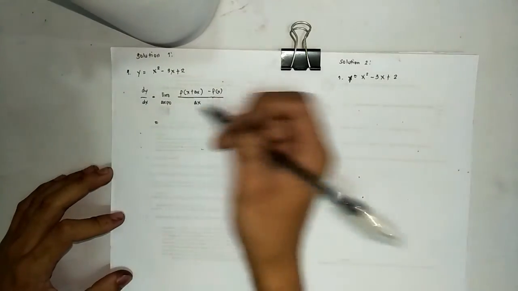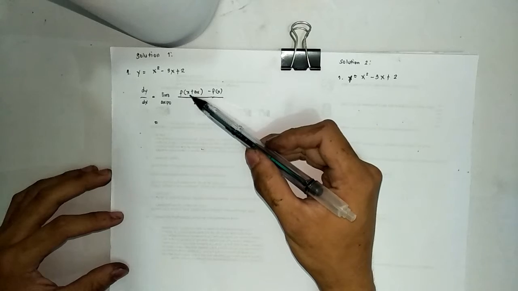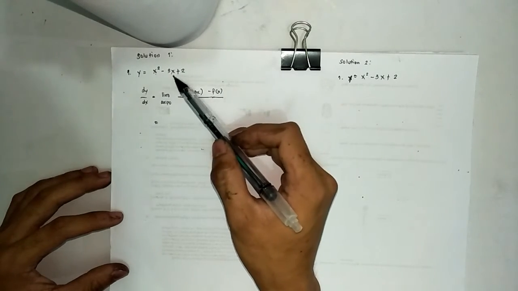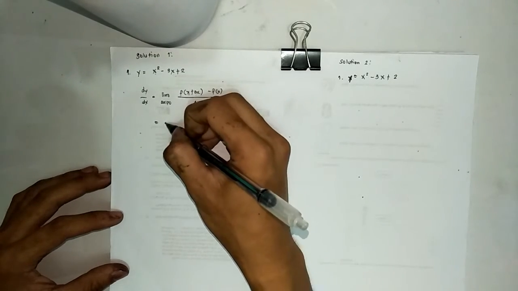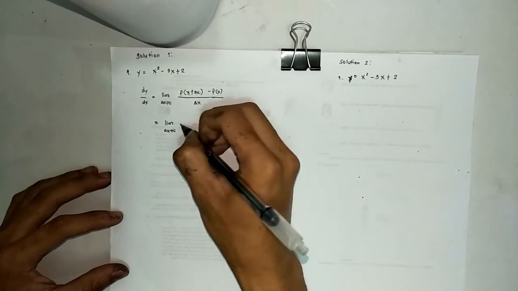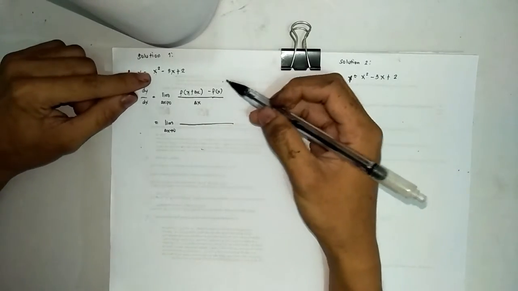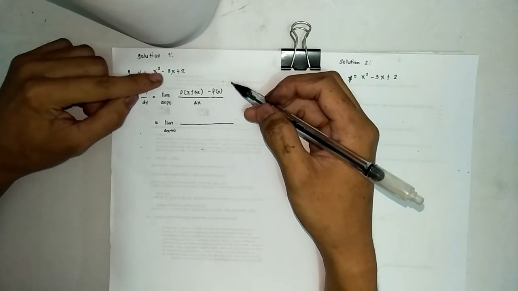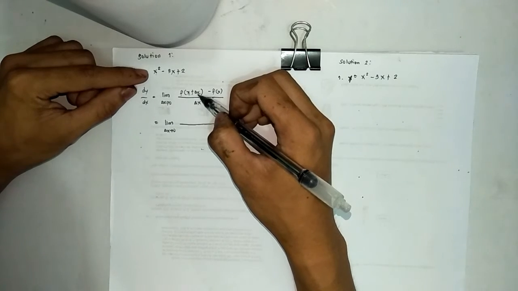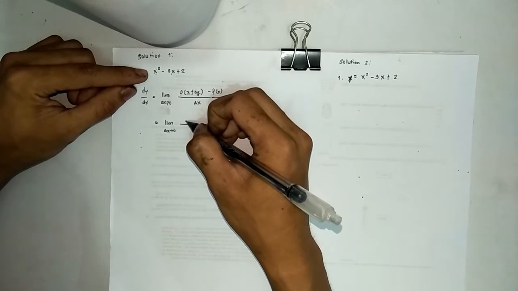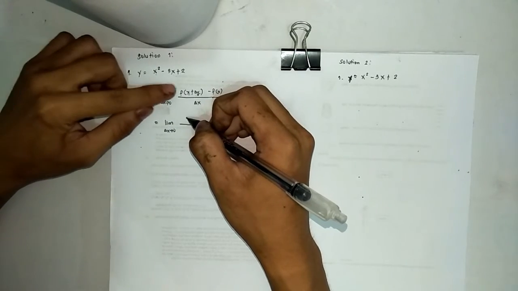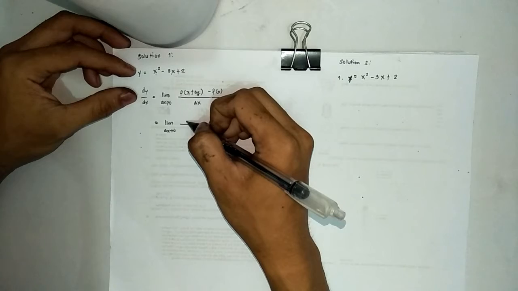Okay, so we are going to substitute x plus change of x to the values of x in our function. So we have limit of change x approaches to 0, and then yung given natin na x squared minus 3x plus 2, yung x, papalitan lang natin ng x plus change x. So, yung x squared natin, the value is x plus change x.